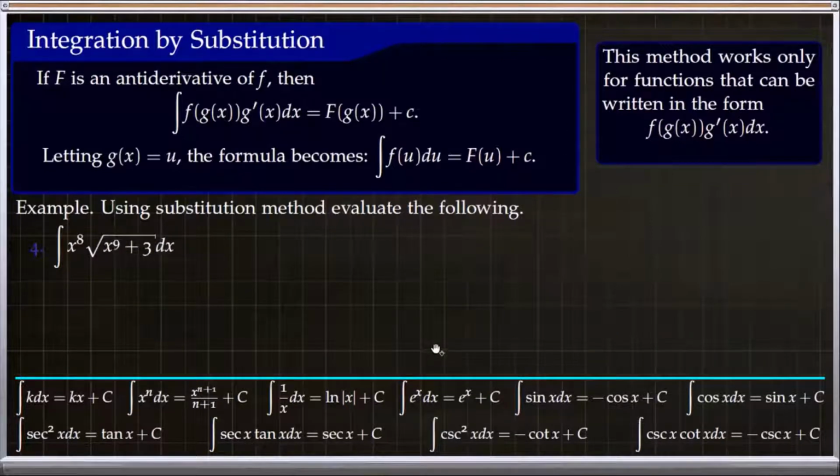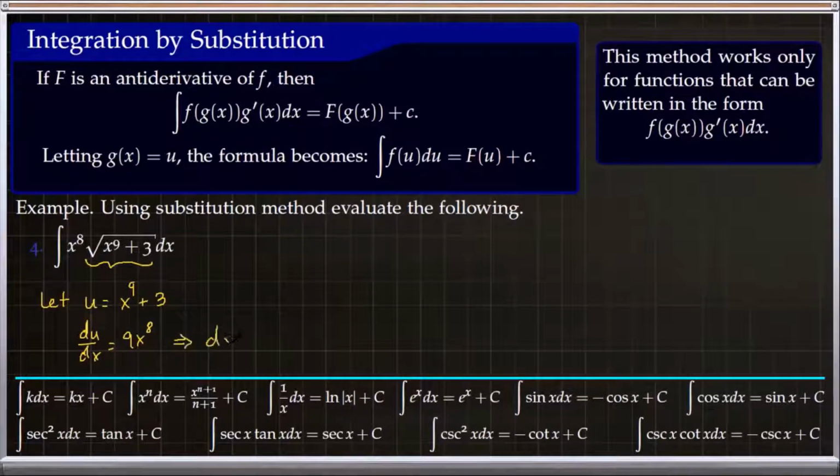We have x^8 times the square root of x^9 + 3 as our next example. Again, here the composition part is this one. So we start by letting u equal the inside of the composition part, which is x^9 + 3. Then we get du/dx equals 9x^8, the derivative of x^9 + 3.